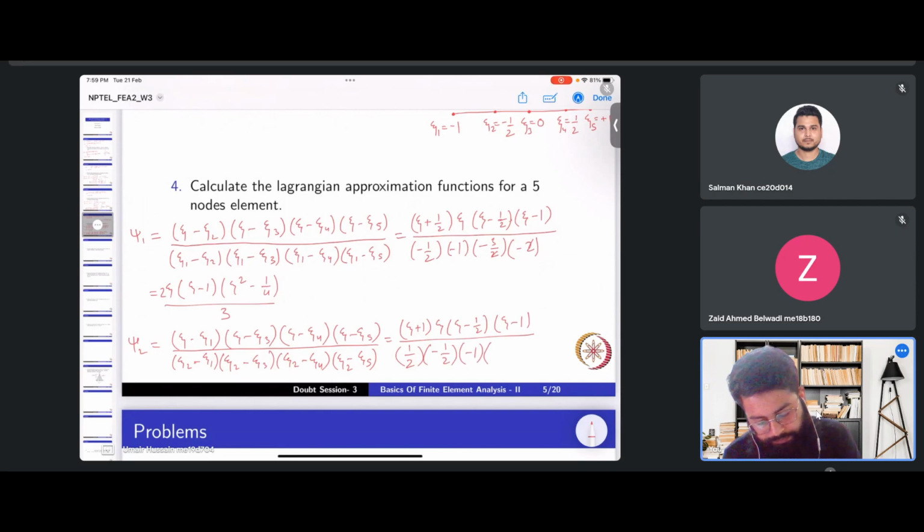Minus half minus 1 is minus 3 by 2. So we get, sorry, minus 8 by 3.